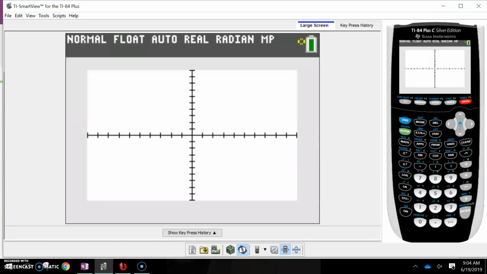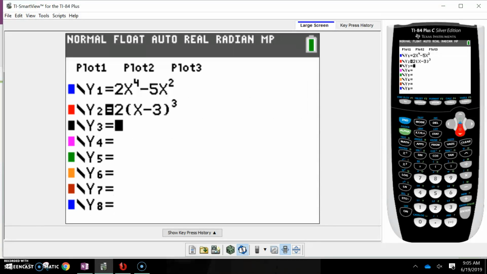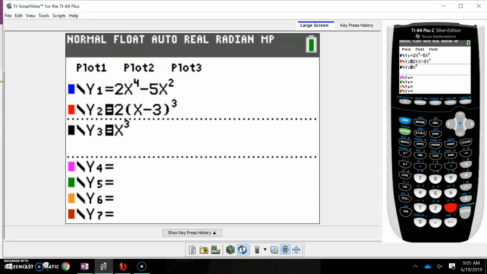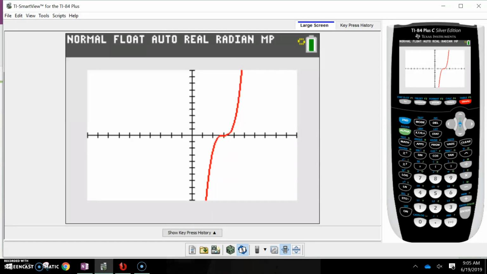It is going to be stretched a lot more than a typical cubic graph, and the y-intercept looks like it's headed at negative 54. So if I put in just an x cubed graph, we can definitely see the difference then.